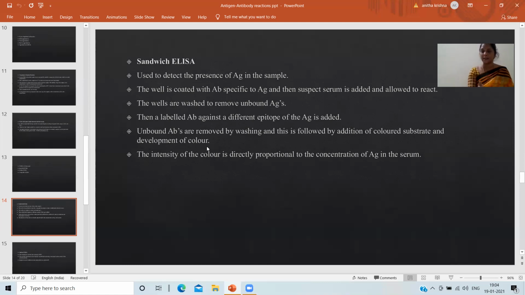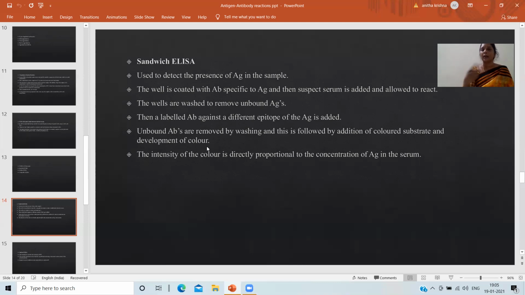So whatever the antigen is present, to one epitope, this antibody would be bound. So antigen antibody complex is formed. So you are adding another antibody which is complementary to the another epitope of that particular antigen, and you're linking the enzyme with that antibody, and you're adding it.